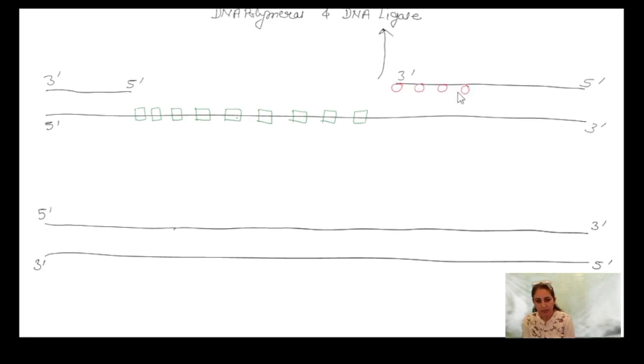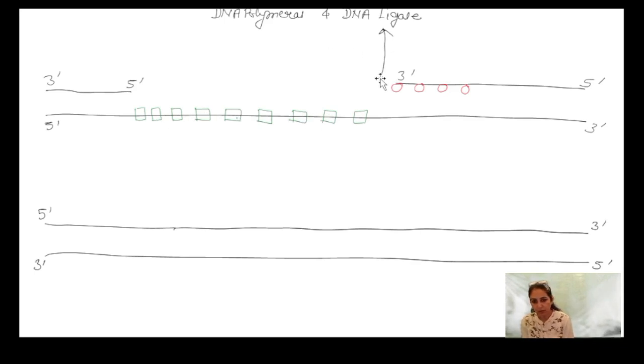These RPA proteins get removed, and as in the process of DNA replication, with the help of the enzymes DNA polymerase and DNA ligase, it's very easy to get the new nucleotides attached here according to the sequence present here.